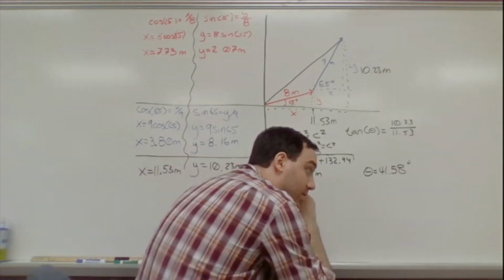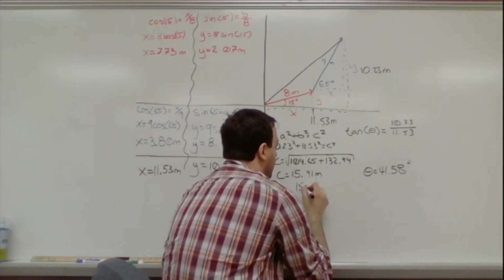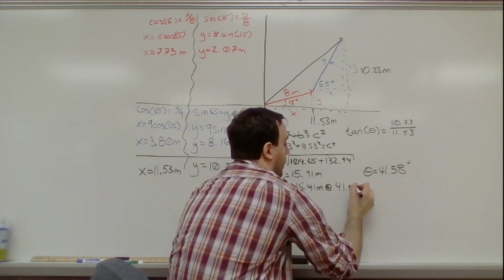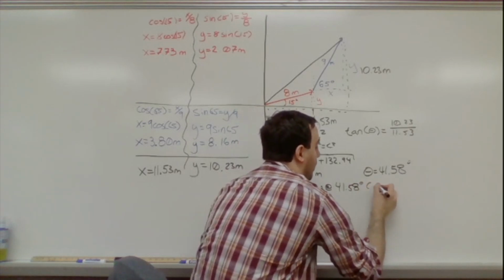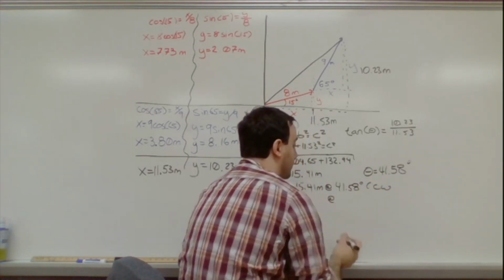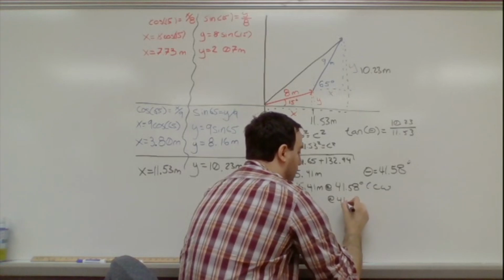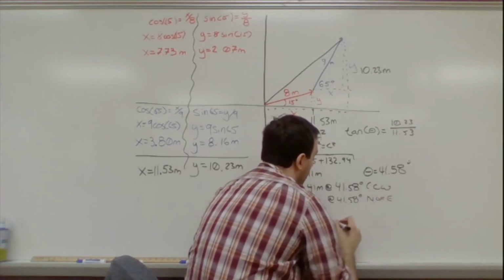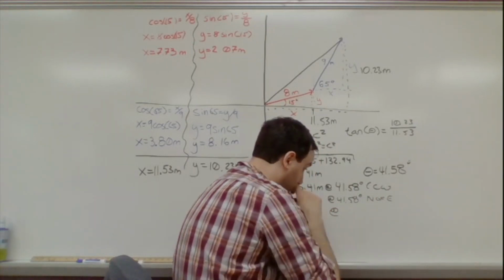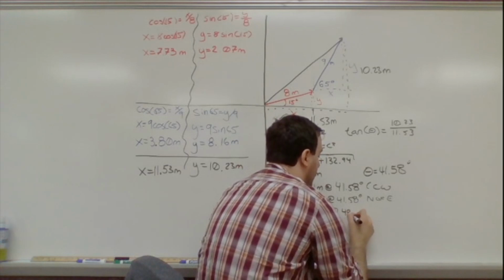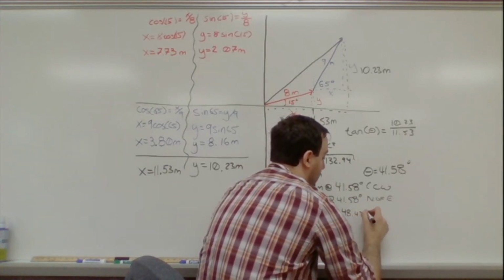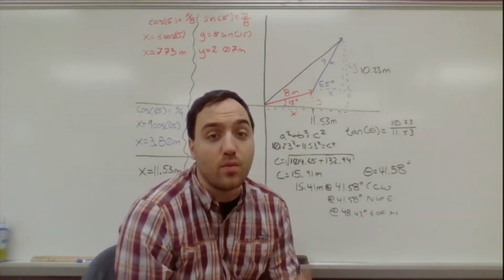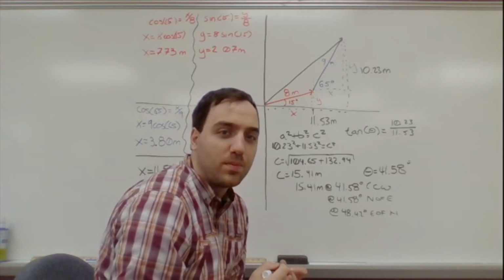We've been over most of them, but just for completion's sake, this could be 15.41 meters at 41.58 degrees clockwise, or at 41.58 degrees north of east, or at 48.42 degrees east of north, which is the same as bearing 48.42. All these are perfectly viable options.